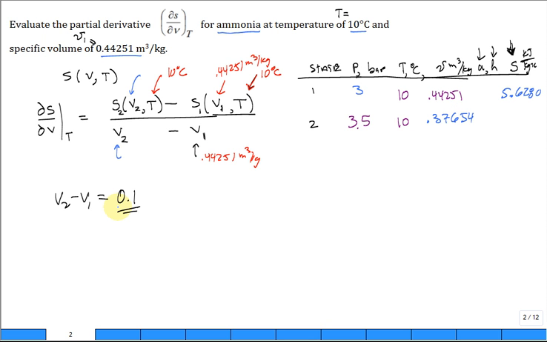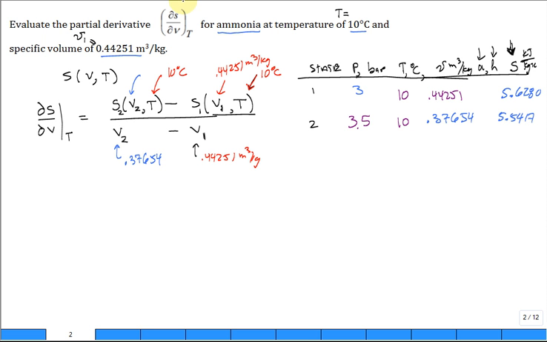So my delta V is not some nice integer number or 0.1 or 0.01 or something like that. It's just this V2 is going to be 0.37654. See that? And then I also look up my S2. My S2 is 5.5417.